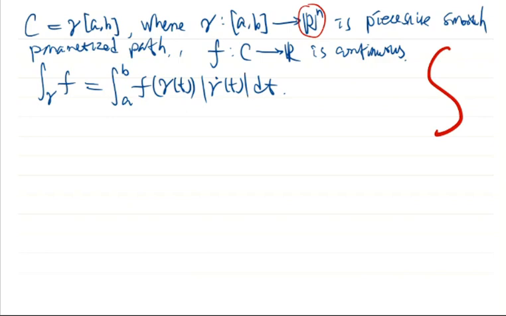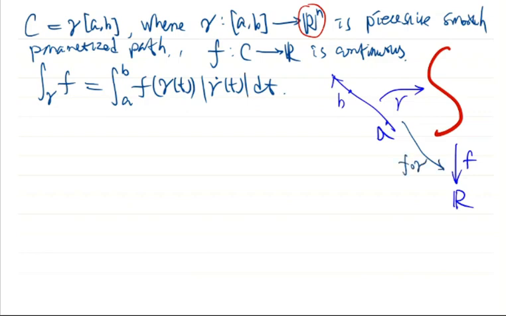Take a parametrization gamma. So f is a function defined on the curve C. Their composition is here.